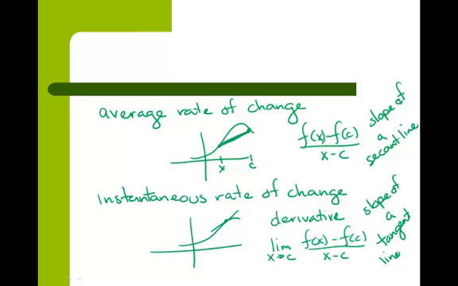Example 3 looks at finding values close to each other as we move x and c together to find algebraic values of an instantaneous rate of change. And example 4 does something very similar by using a table of values. Please look at each example very slowly and carefully. Look at the solutions and work through them with the textbook. And when you have finished, come back to our video lesson.